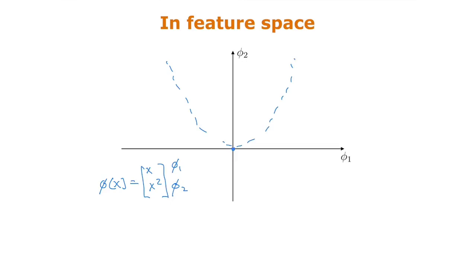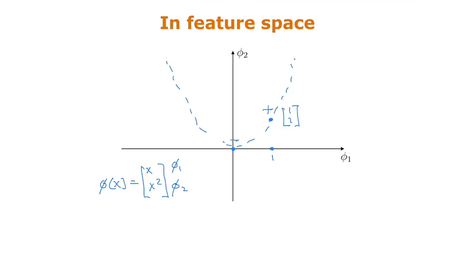Our negatively labeled example that was at the origin, x equals 0, now maps to the origin in this two-dimensional space. The example that was positively labeled at x equals 1 now maps to feature coordinates 1, 1.